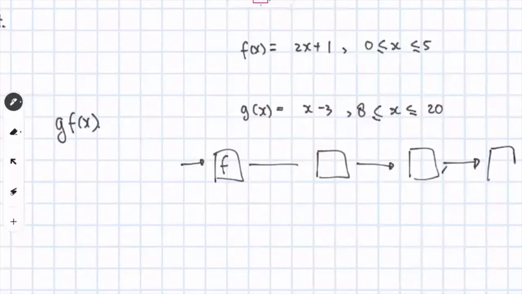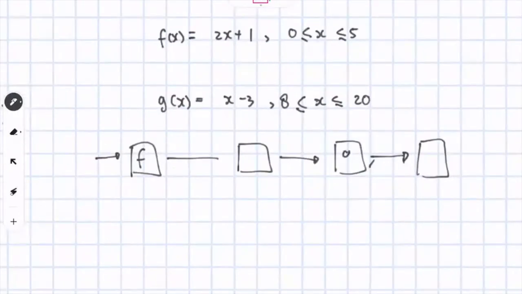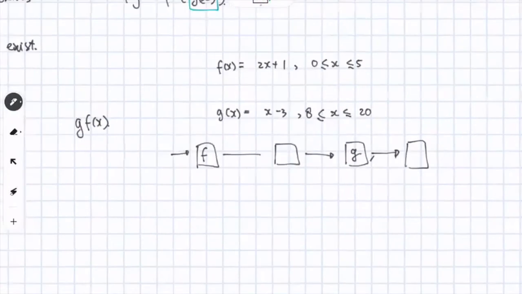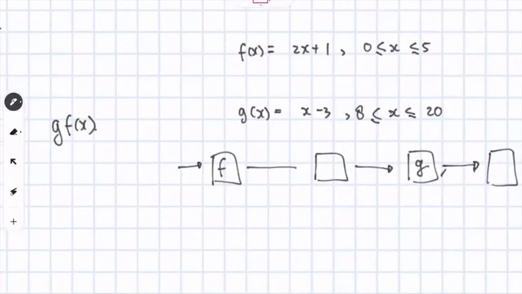G is in front. No, F is in front. Why? Because you put X into F first. Can I put F into G? Yes. This is input.